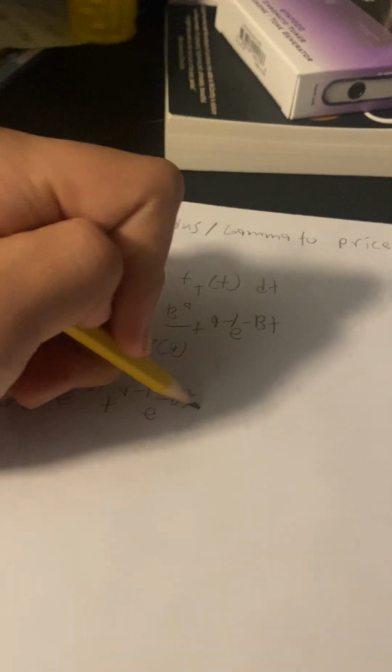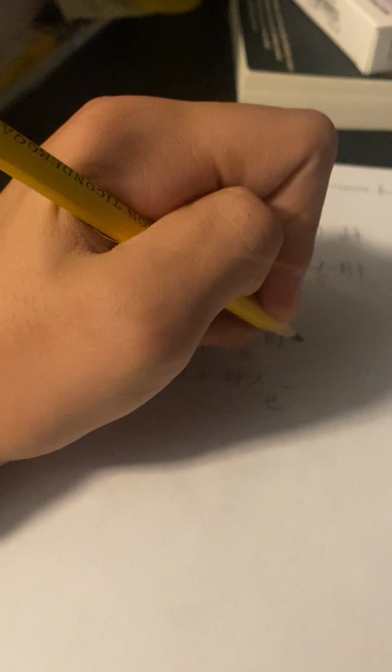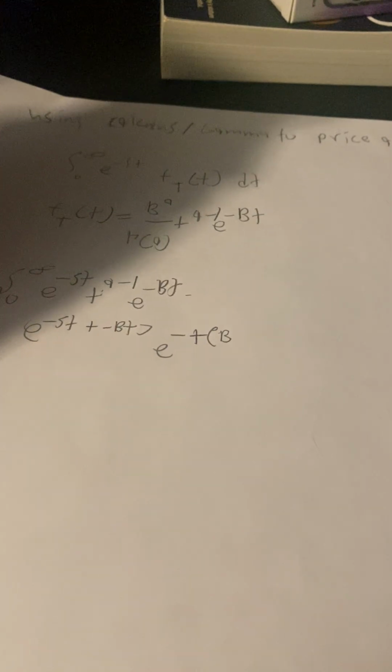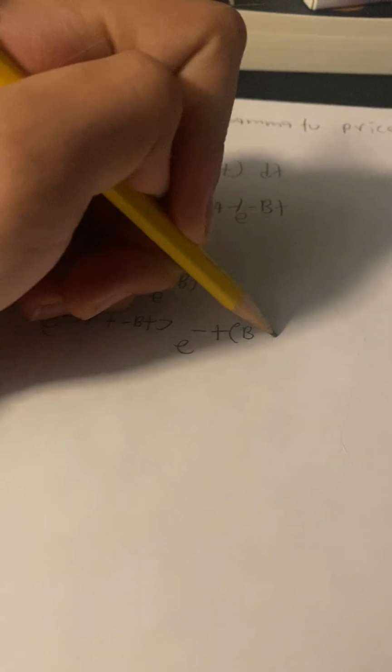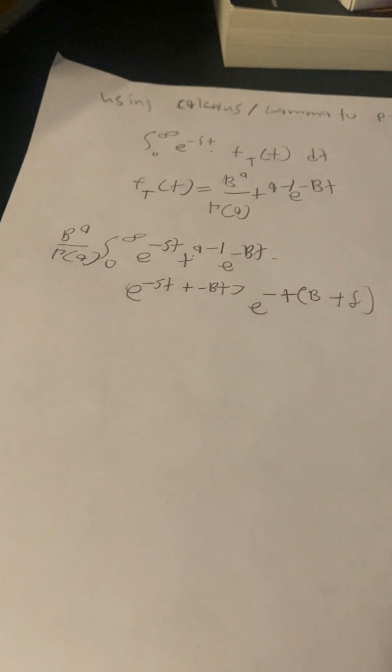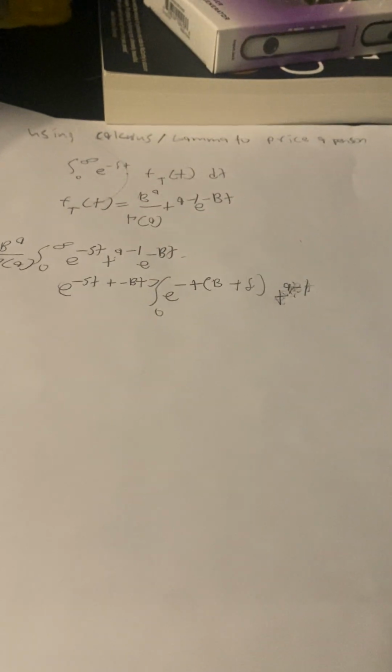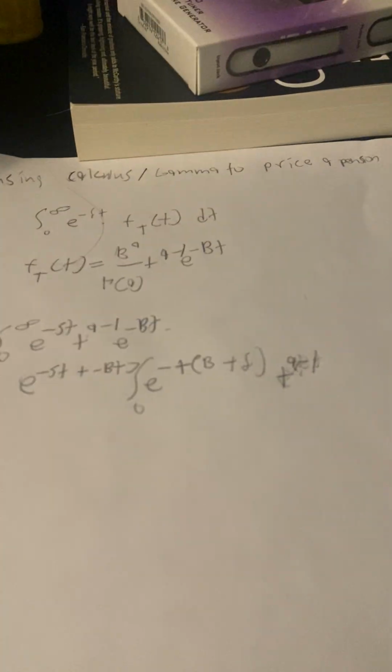Now what we can do is that we can combine these, so that becomes e to the negative delta t plus negative beta t, which is e to the negative t of beta plus delta, e to the negative beta plus delta t. t to the alpha minus 1, which basically this is kind of a format of the gamma function, just in a specific way.